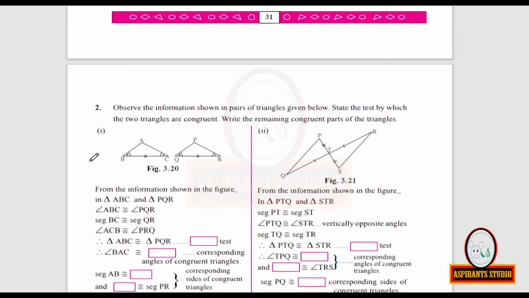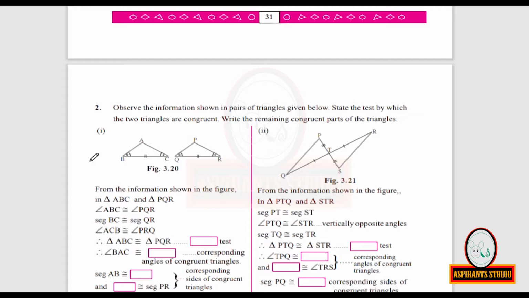We have triangle ABC and triangle PQR. From the information shown in the figure, in triangle ABC and triangle PQR, angle ABC is congruent to angle PQR. See the equal markings over the figure.